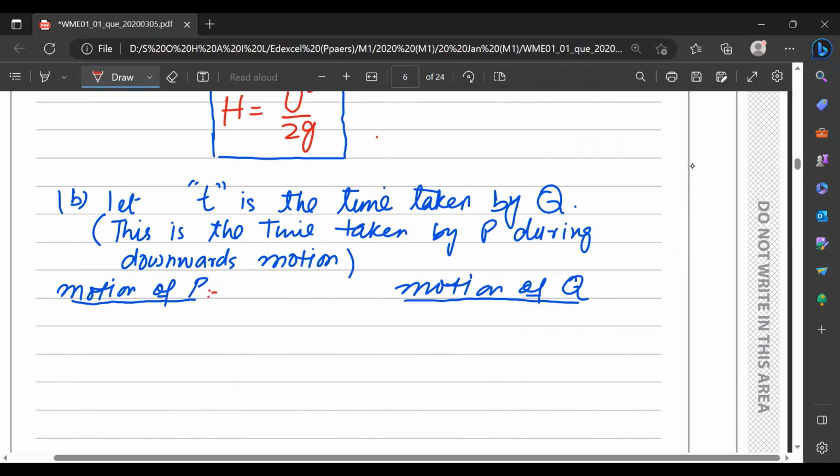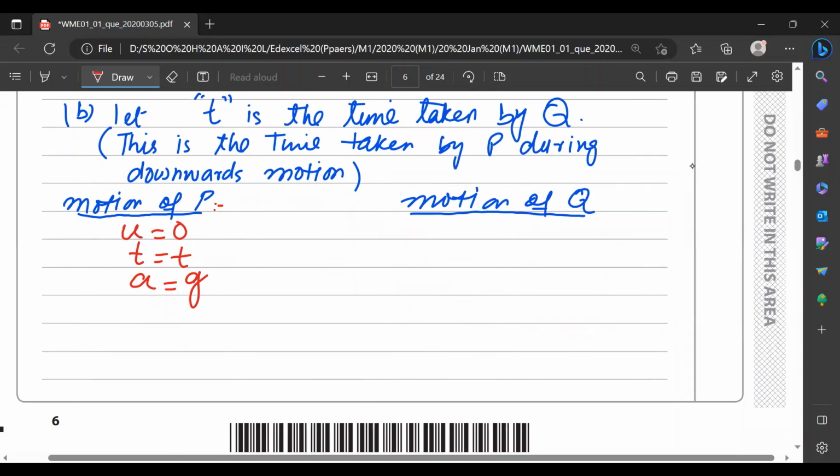From the highest point, it is coming down. So initial is 0. Time taken is T as coming down. So acceleration due to gravity is g. And here I can use S, say S is SP.